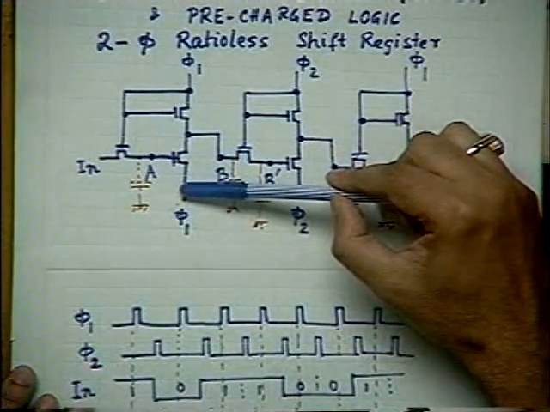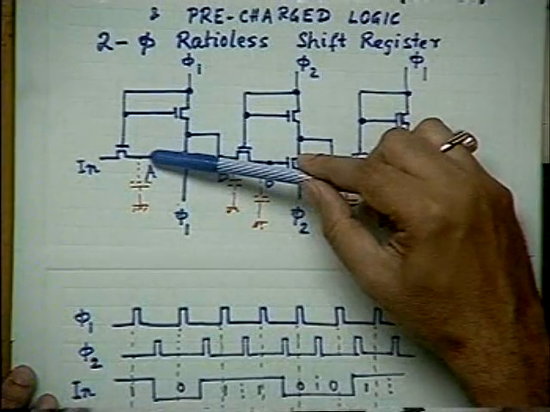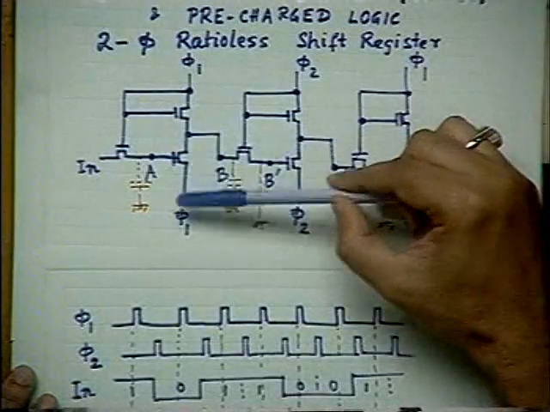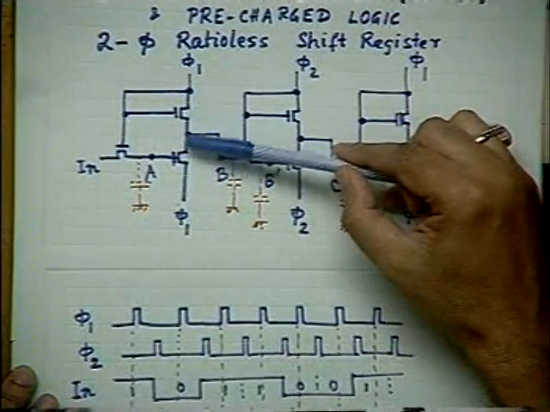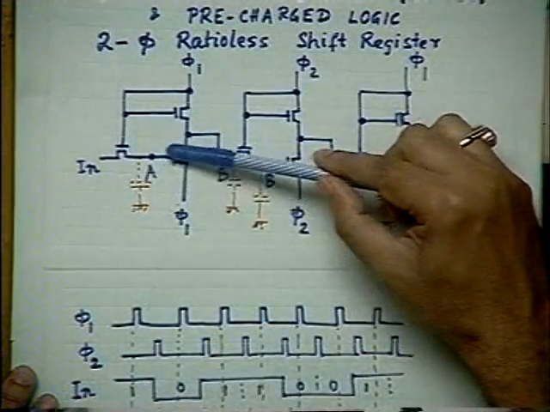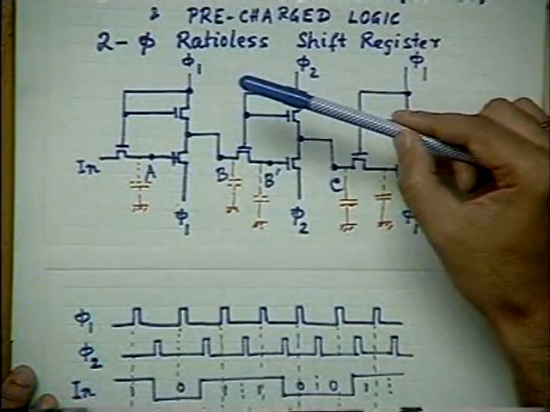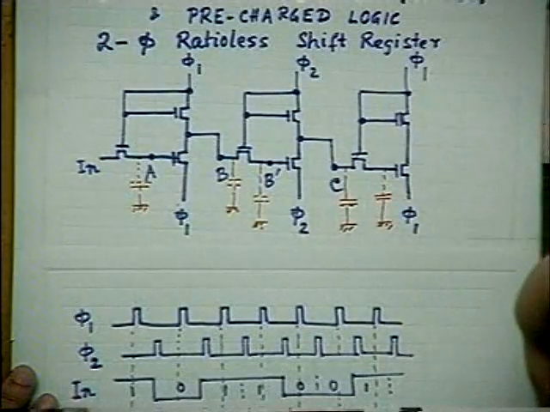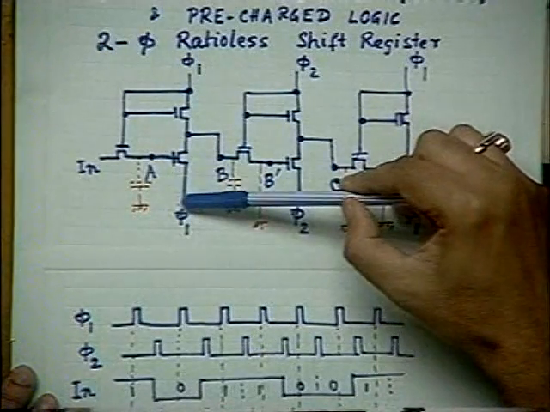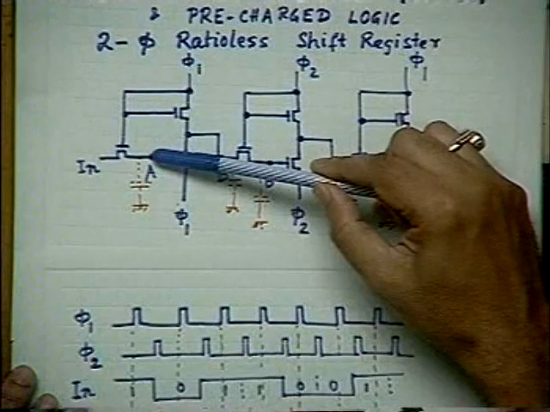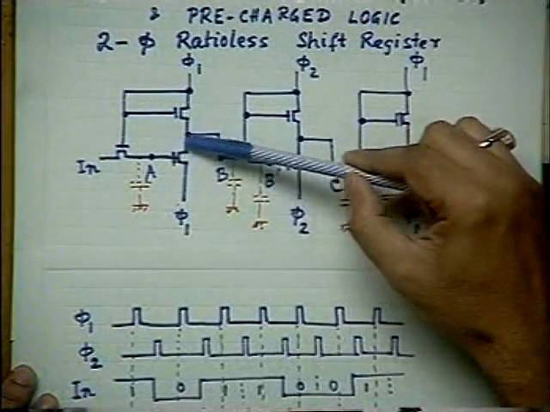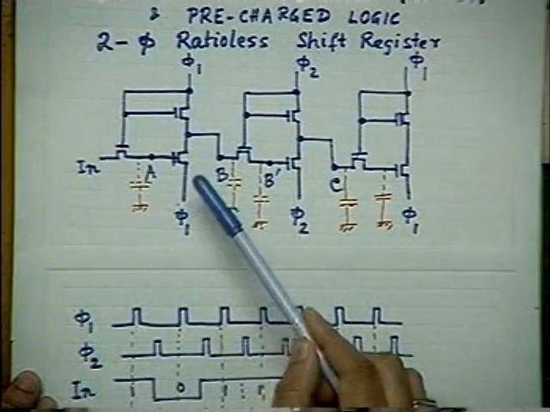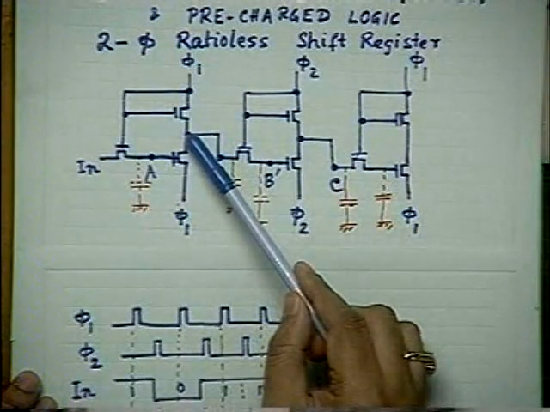When A is high and phi 1 is also high, you can consider this transistor as if this side is drain and this side is gate. Depending on this point, this will always be less than high, that is 5 volt. So this transistor will remain on, in saturation or linear depending on the voltage between this point and this point. Please remember, this is a very important thing. When phi 1 is high and A is high, this side has become drain and this side has become source.